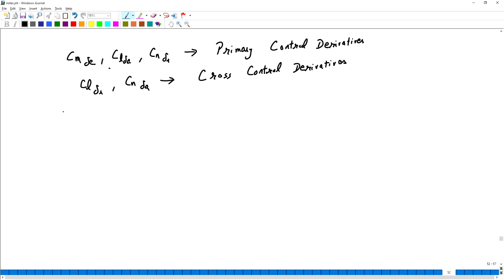So control derivatives, that is both primary and cross control, can be thought of as gains.